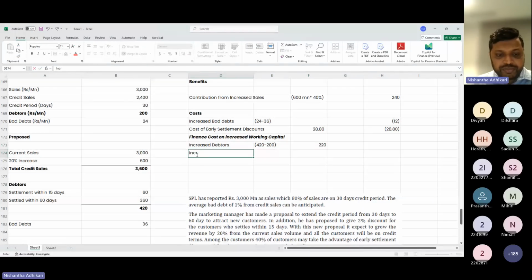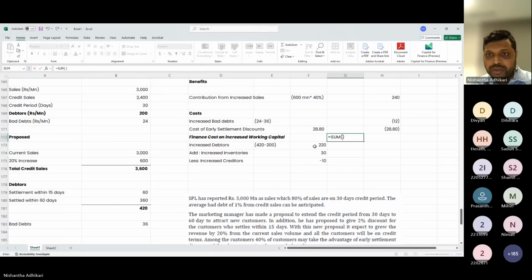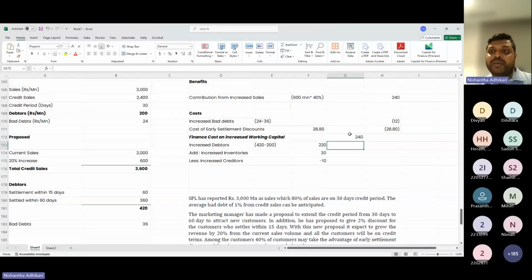Increased inventory, you have to add 30 million to the working capital increase. Increased creditors, it is 10 million, which is deducted. Then you can take the total working capital increase. Take the summation. It is 240 million working capital increased.